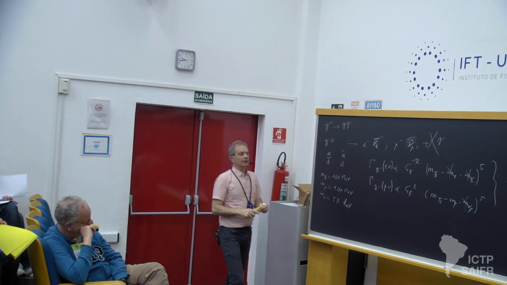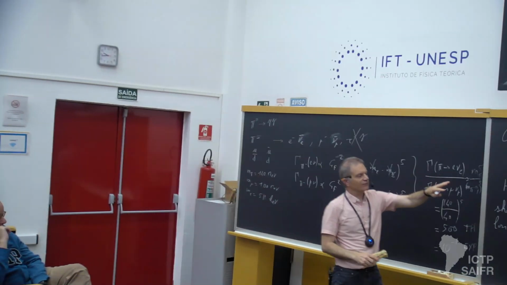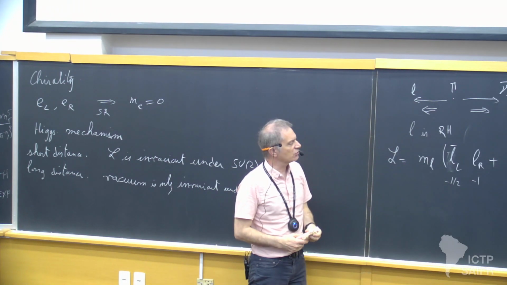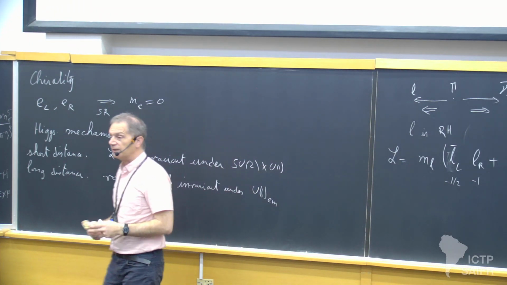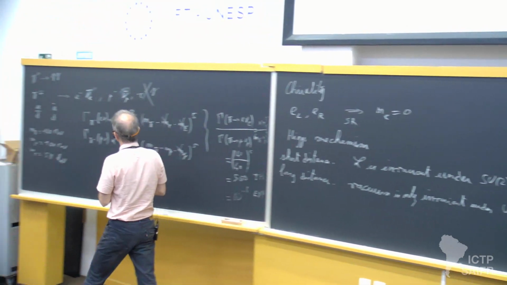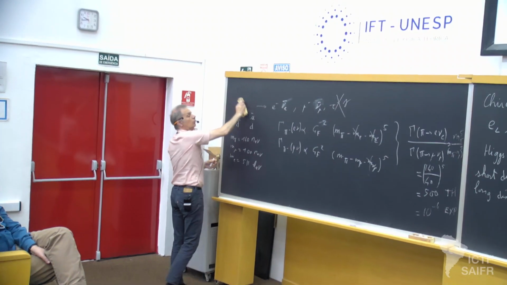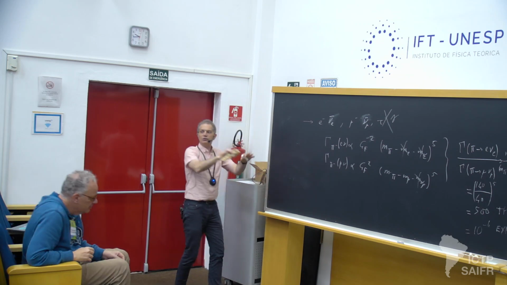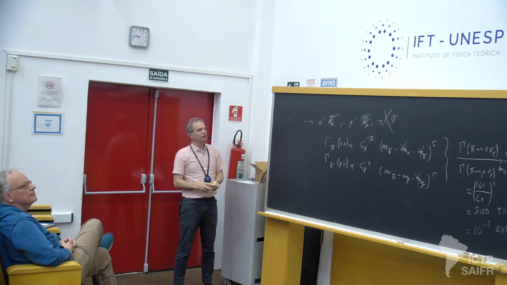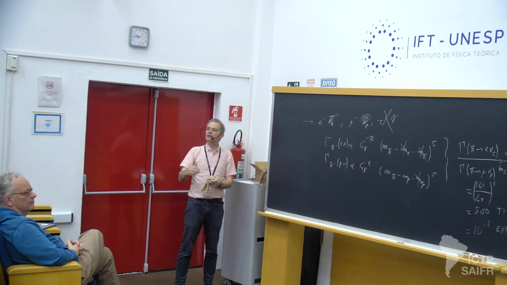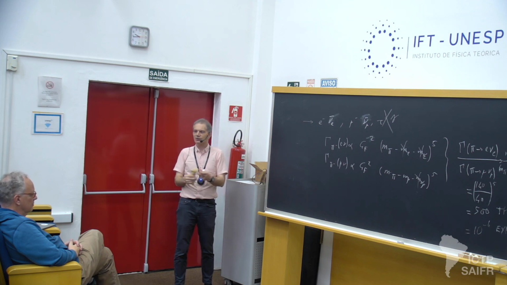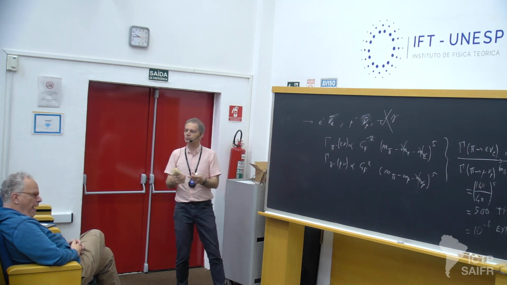So we have introduced this scalar field, and we want to give a vacuum expectation value to it. That's exactly what is going to produce the mass of the electron, the mass of the quark, and also the mass of the W and the Z. Because at the end of the day, I got a nice story: I was able to reproduce this 4 Fermi interaction if I introduced a mass term for the W. But I also told you that the mass term for the W is not invariant under the gauge symmetry, so there is a little bit of contradiction in what I'm doing.